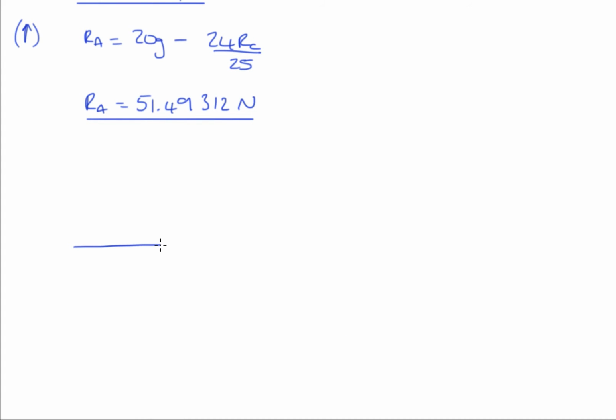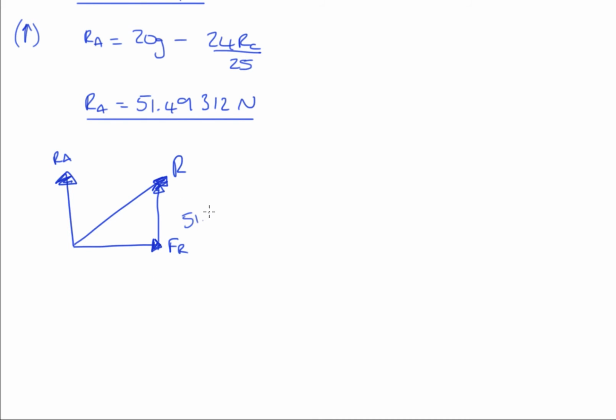So we've got FR acting this way, we've got RA acting this way. So the resultant of that, let's call that big R, is going to be, well, we just do Pythagoras.